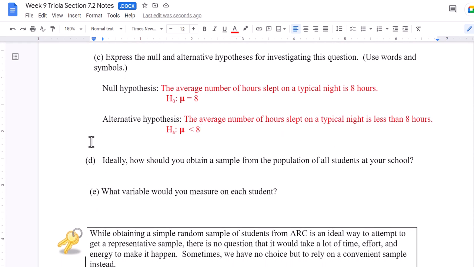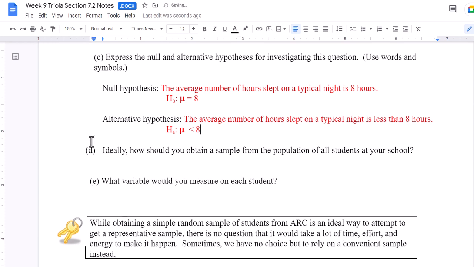So ideally, how would you obtain a sample from the population of all students at your school? What would be the ideal situation? Ideally, for any study, we want to make sure that we have a simple random sample. So that will be the ideal. We want to obtain a simple random sample.